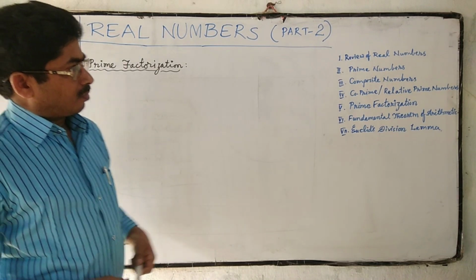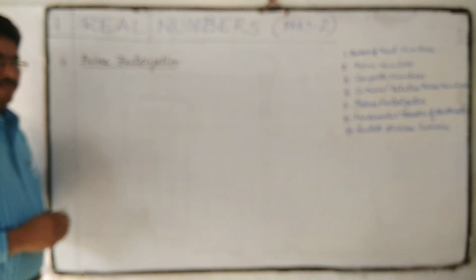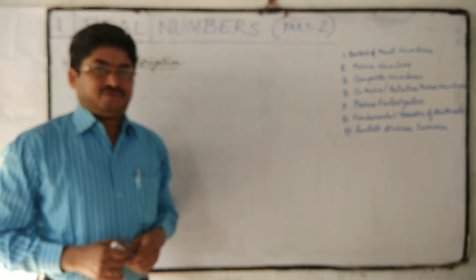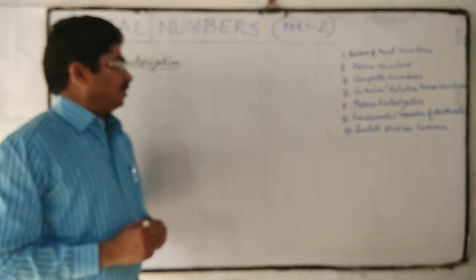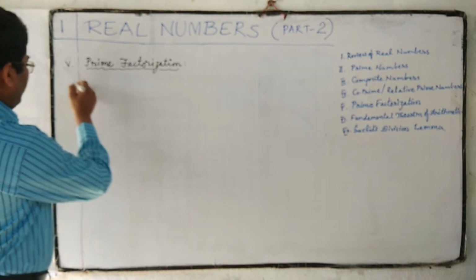Next, prime factorization. The factorization in which every factor is a prime is called prime factorization. For example, prime factorization for 30.